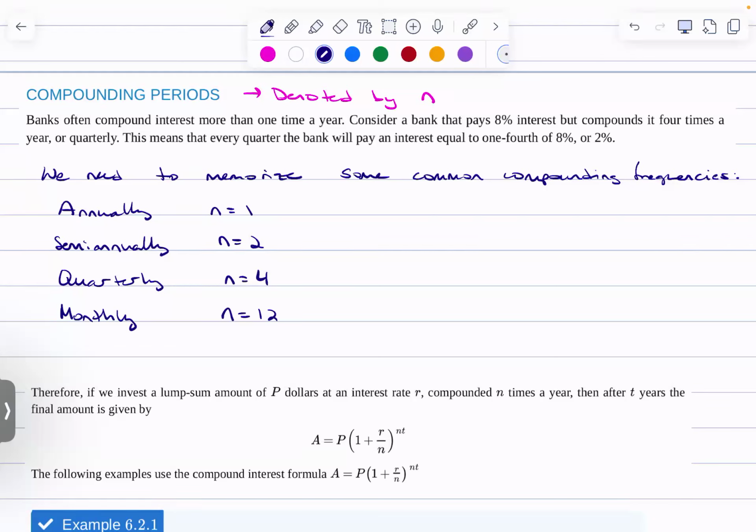We're doing it 12 times per year. Weekly. We use 52 times per year. 52 weeks in a year. Then there is bi-weekly, which is 26 times per year, every 2 weeks.